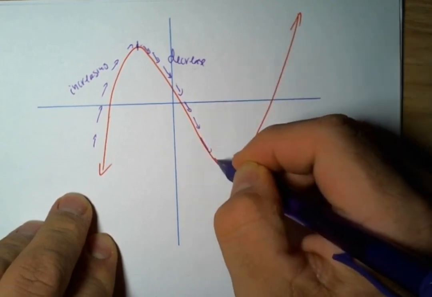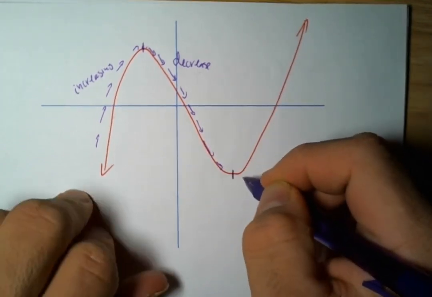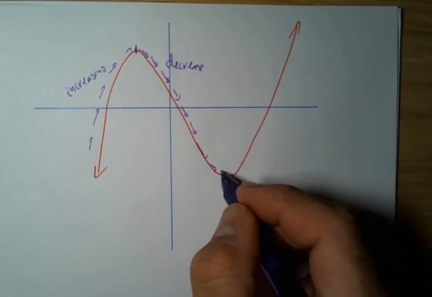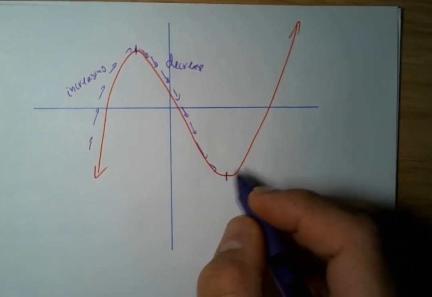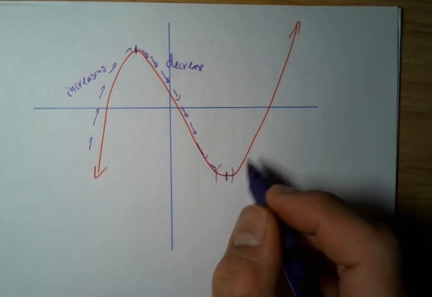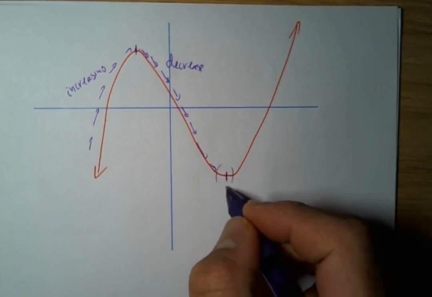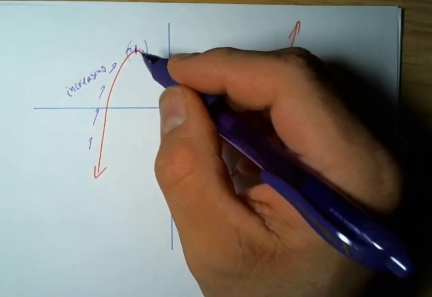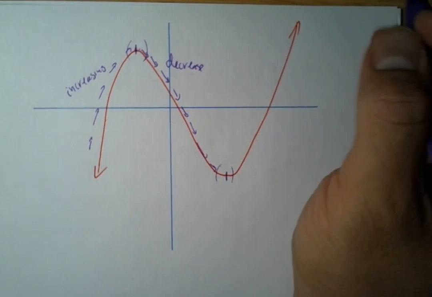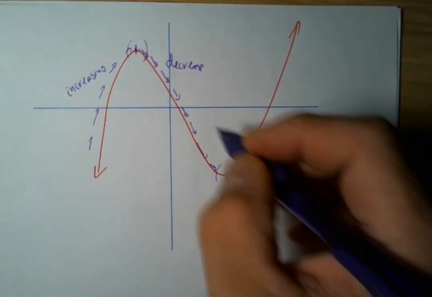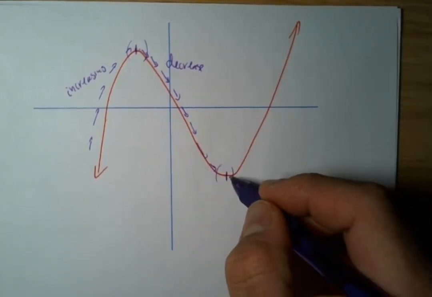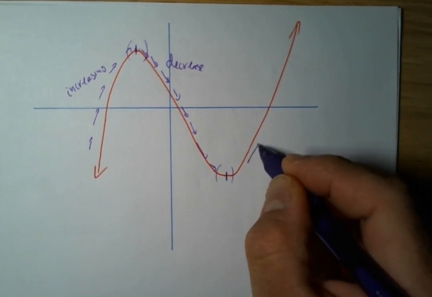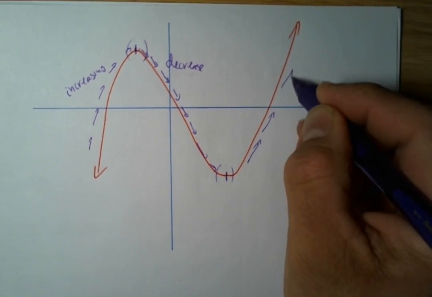Then we decrease, and we hit this kind of low, this minimum. This is what we call a local minimum, where we think of values nearby, and this is the lowest one. And nearby here, this is the highest one, or the max value. We decrease, and once we hit that low, that minimum, it bounces back up and we are back to increasing.